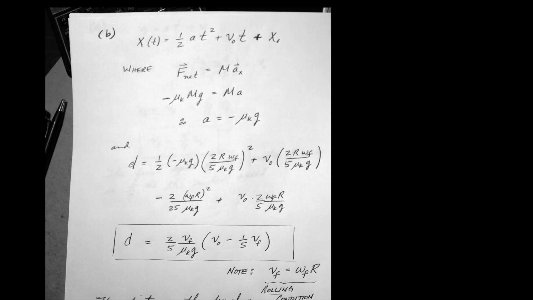Notice that at that moment in time, the rolling condition is satisfied, and so I had substituted in there the final velocity of the center of mass is the final angular velocity times the radius of that sphere.